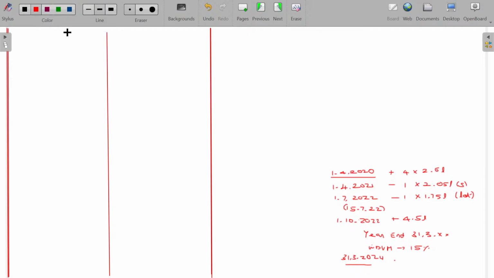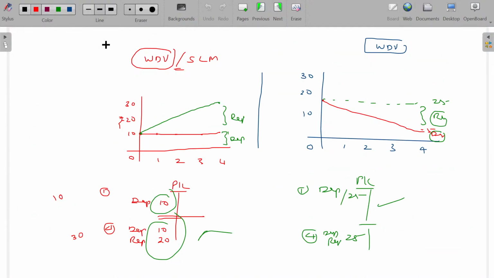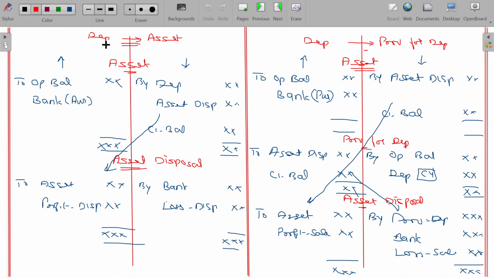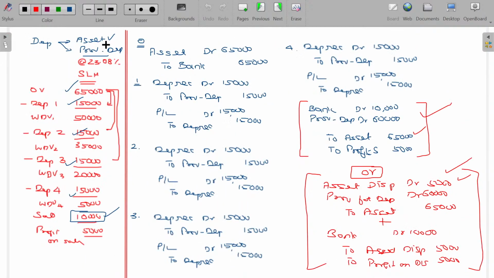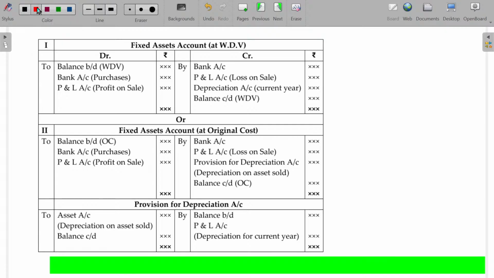Tell me how a machinery account should be. How should the machinery account be? Come on. So already we have studied the format also. A machinery account will have opening balance and closing balance in the debit and credit side.